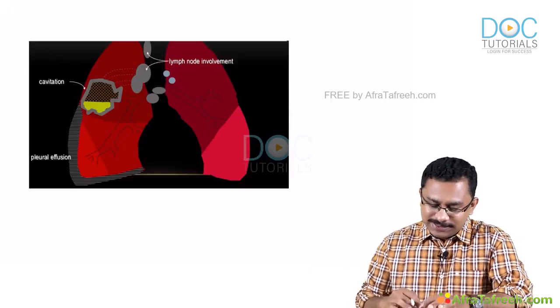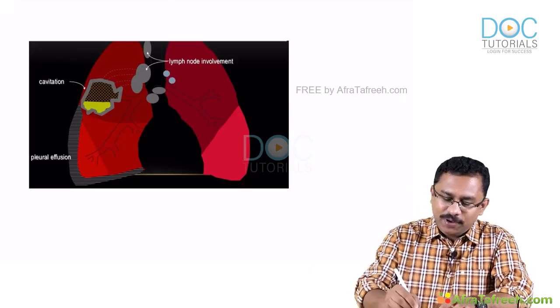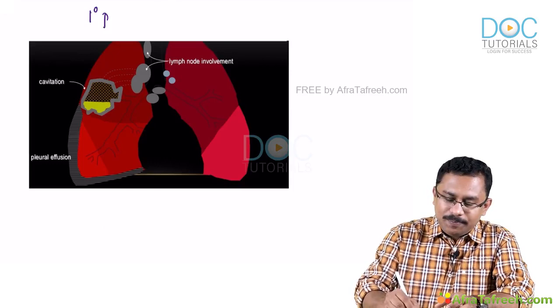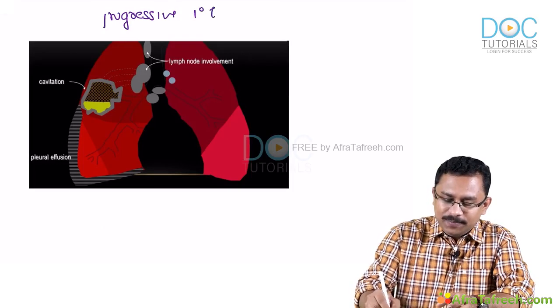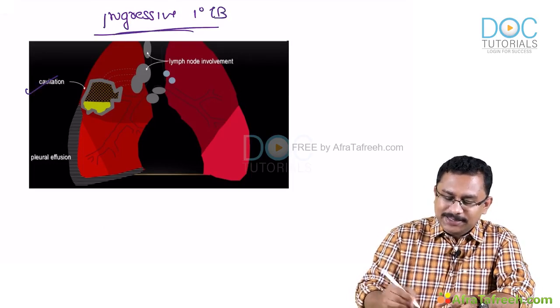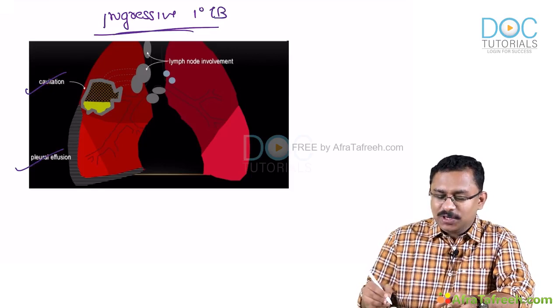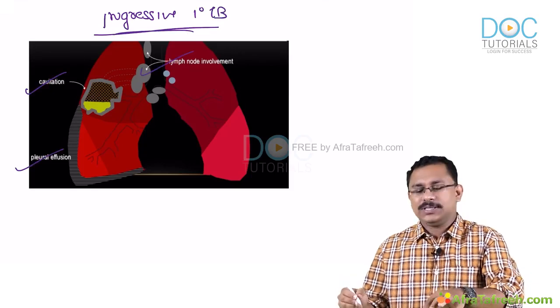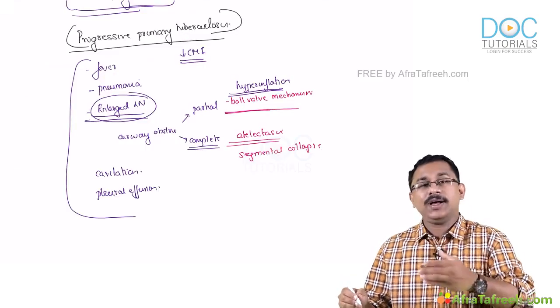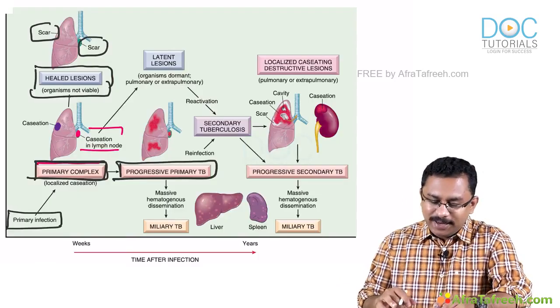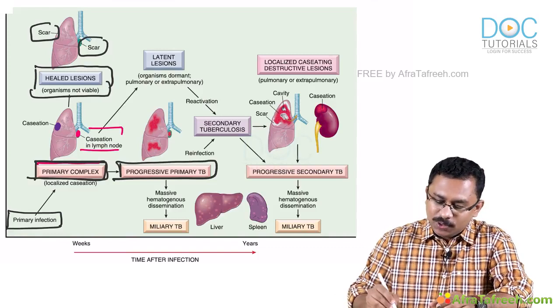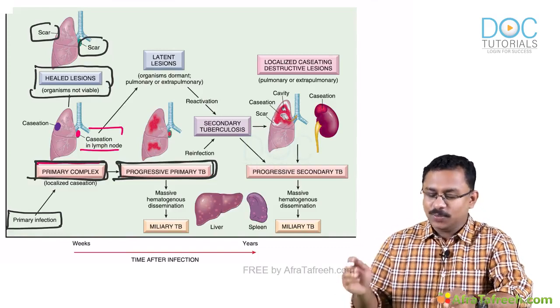Just a pictorial representation of your progressive primary tuberculosis. You can see cavitation developing. You can see some sort of an effusion. You can see the lymph nodes. So these are the manifestations of a progressive primary tuberculosis. So that is another fate of your tuberculosis infection.